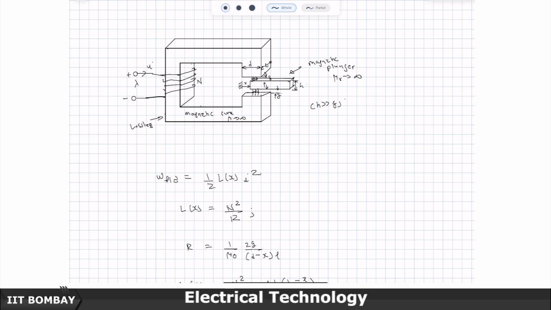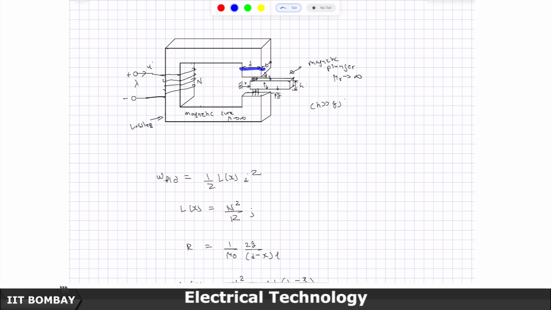I have a simple example here. This is my magnetic structure, the magnetic core, whose permeability is infinite. It is connected to a source, shown here, setting up a flux linkage lambda. To set up lambda it carries current I, the winding or coil has N turns, and of course everything here is considered lossless.